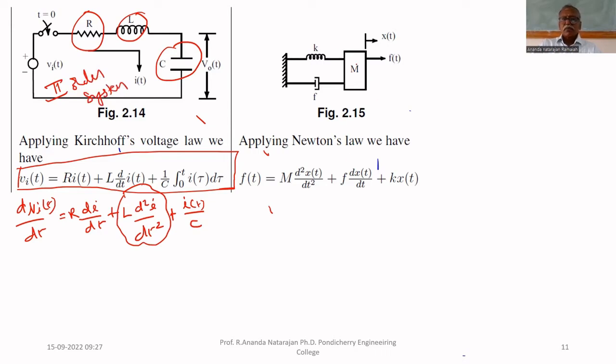Similarly, a single mass, any mass that is there, automatically becomes a second order system. As the number of masses increases, the order will increase. So d square x of t by dt square, dx by dt, x of t. The second derivative is there, therefore it is a second order system.